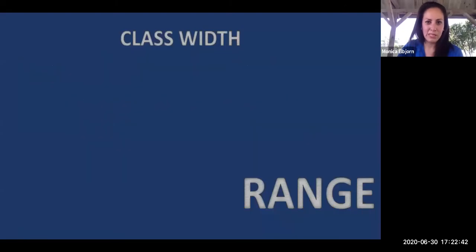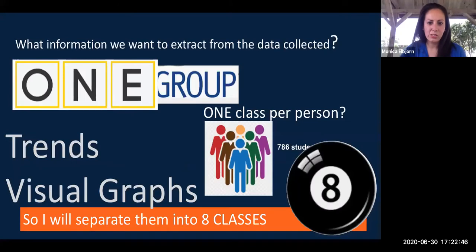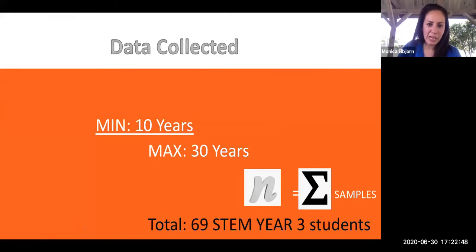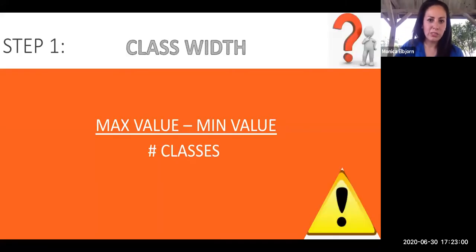So for example, in this case we're going to see your ages. The maximum age that I got was 30 years, and the minimum age that I got is 10 years. So in order to get our step 2, which is our class width, we take our maximum value, 30, minus our minimum value.